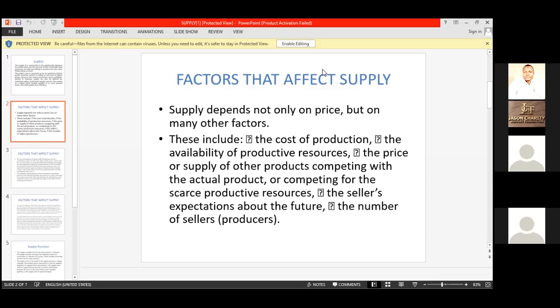One of the major factors is the price, as explained earlier. So the supply for a particular product depends on the price of that particular product.